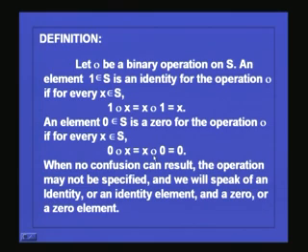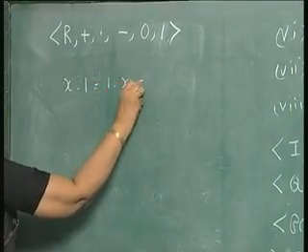So, this dot sometimes you omit because there is no confusion. So, you talk about an identity element or a 0 element. For example, take multiplication, the same real numbers and so on. You see that x into 1 is equal to 1 into x is equal to x.